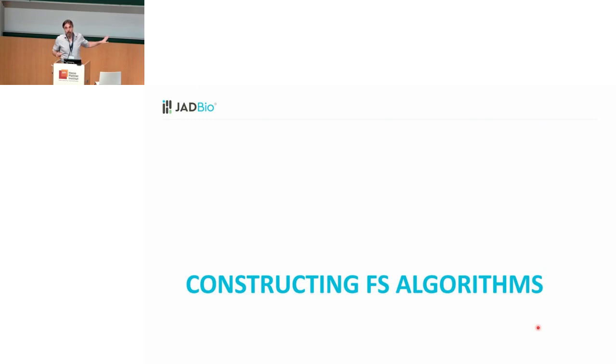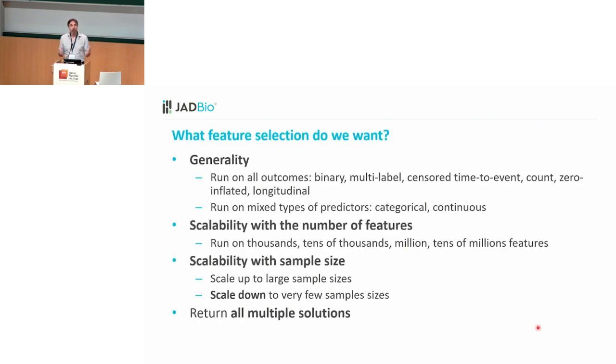So constructing feature selection algorithms now and putting all this to practice, we need algorithms that are general and can run on any type of data if you want to have a commercially successful product. Algorithms that scale up with the number of features, up to millions of features, because we work in biology and they measure millions of features sometimes.